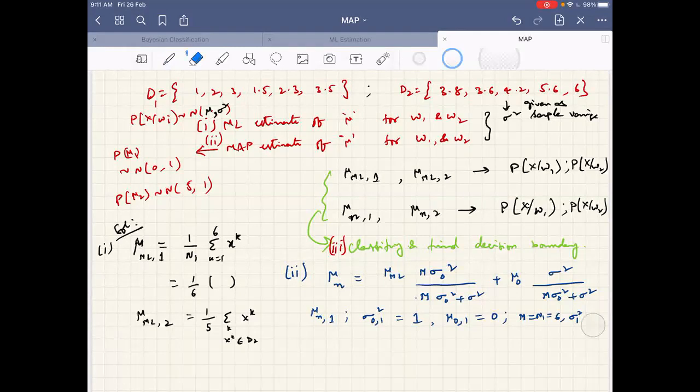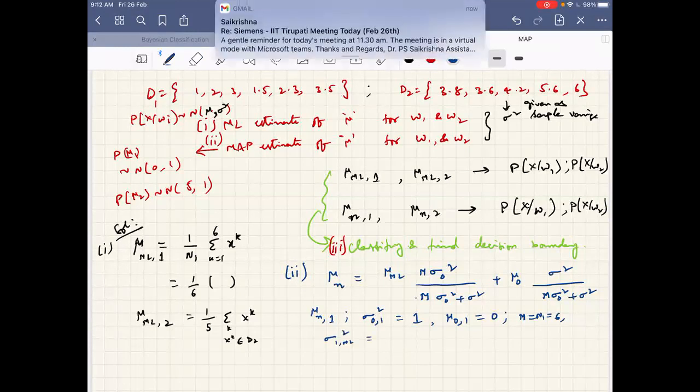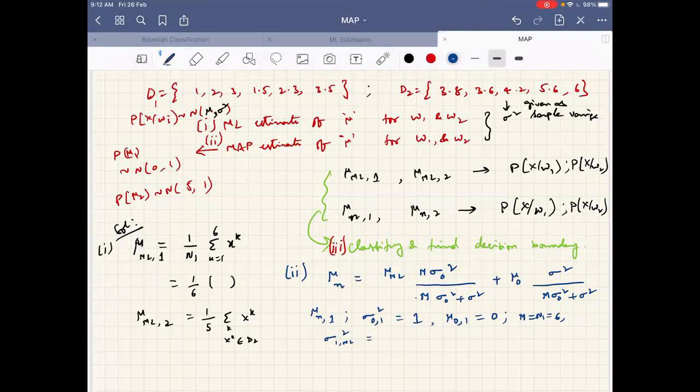We can find the ML estimate of what? Tell me a complete sentence or the answer. Like 1 by m into xk.